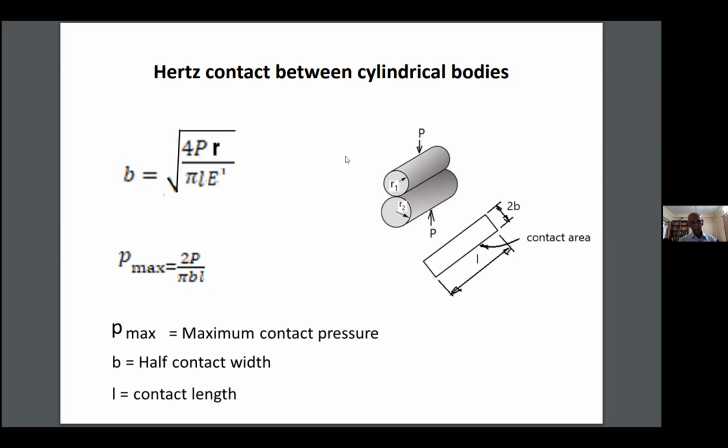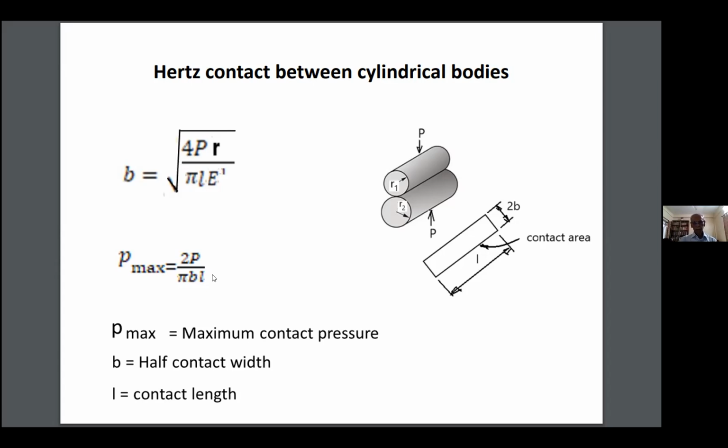P is the load, R is the equivalent radius, L is the length, and E dash is the equivalent elastic modulus. Here again, the maximum pressure, not stress, that is developed during loading, P max, is given by 2P by pi b L. So these two equations are also very useful in the analysis of ball and roller bearings.